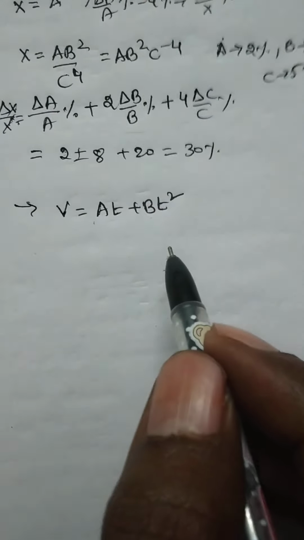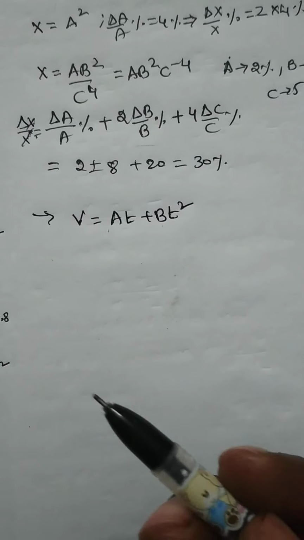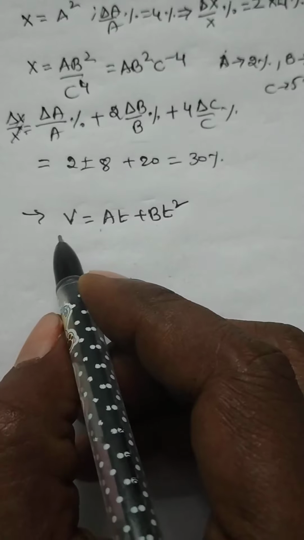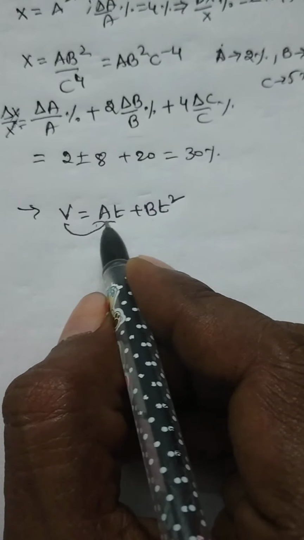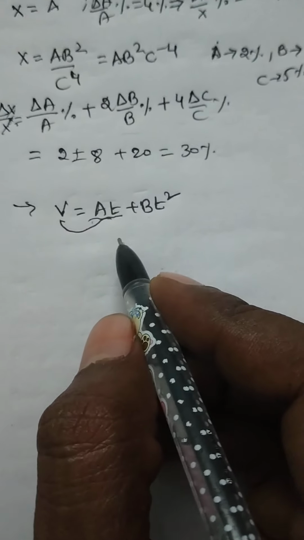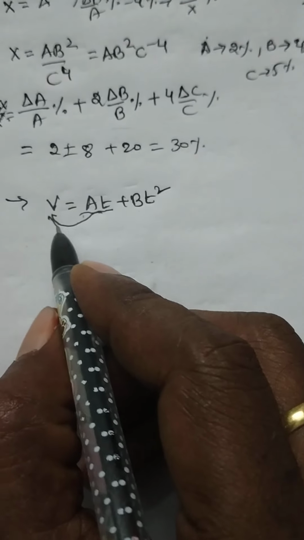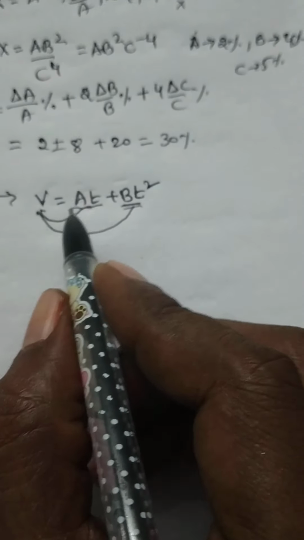Now, so there are the rules for the dimension analysis. Now this velocity should be equal to this one, this term, AT. Now this term should be equal to this one. To find the value of A, equate the velocity with AT. To find the value of B, equate V equal to BT square.